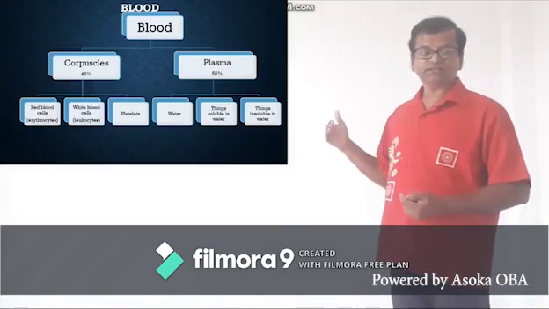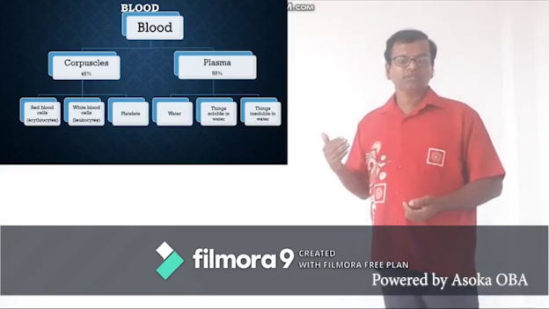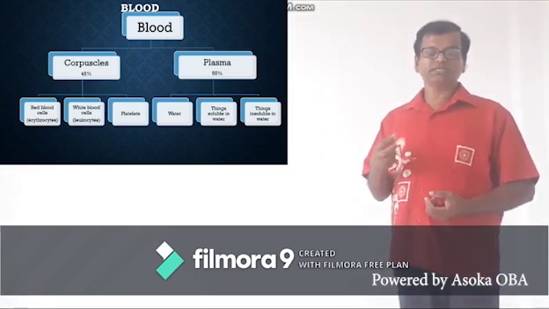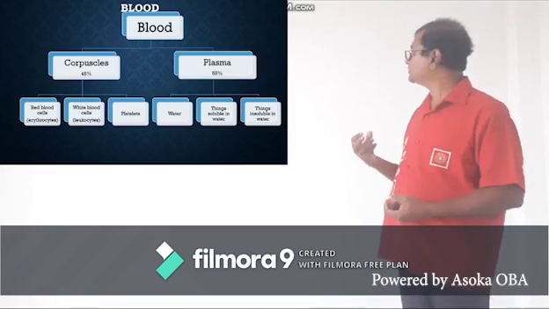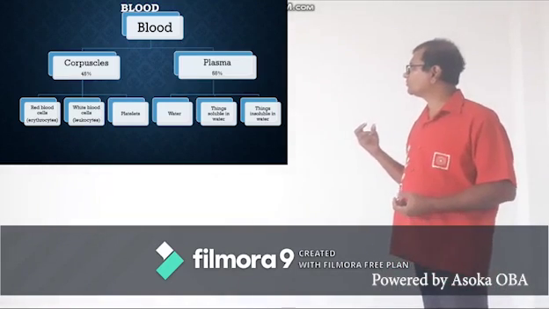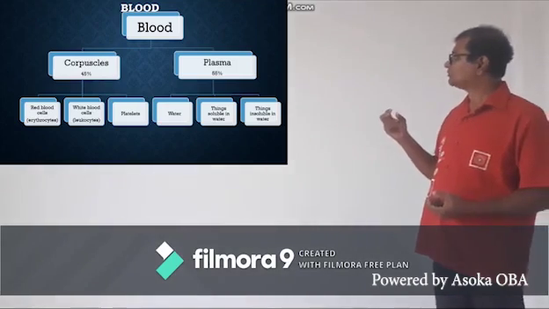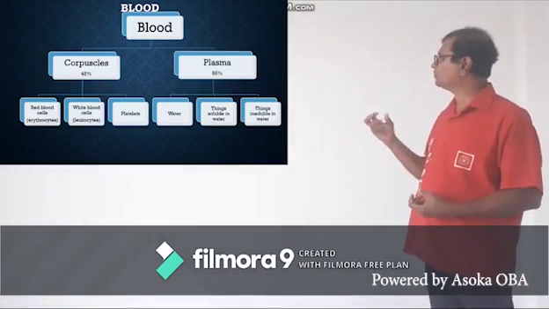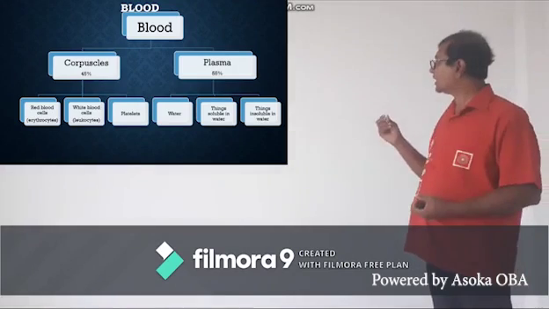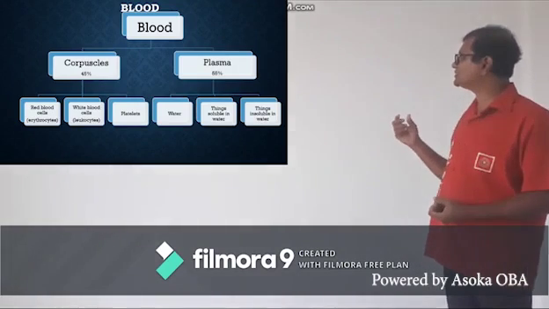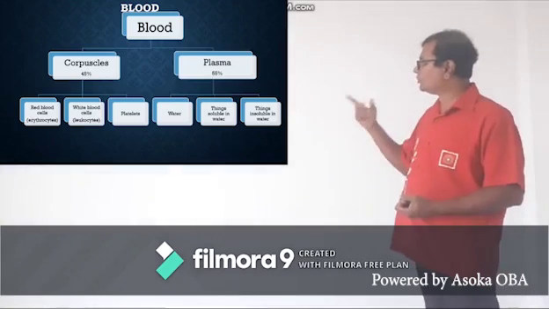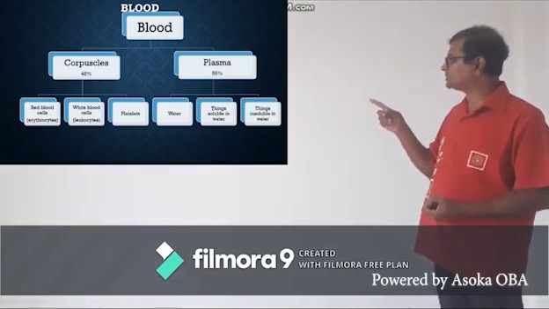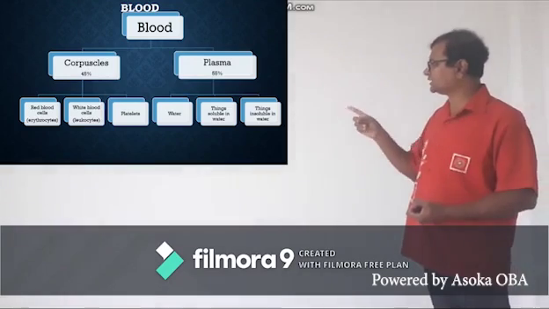Finally, we study the blood. There are two components in the blood, corpuscles and plasma. 45% of blood is corpuscles and 55% of blood is plasma. And corpuscles can be divided into three categories.